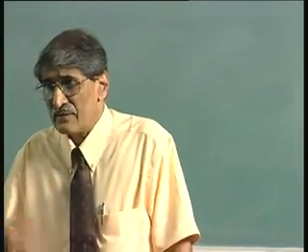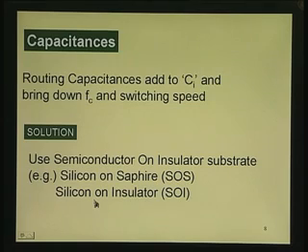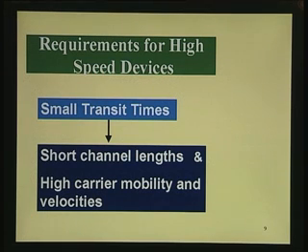Those are the concepts which are important here. So, to reiterate, the requirements for high speed devices: small transit times, I have said it more than once, but put it in black and white, or white and blue: short channel lengths and high carrier mobility and velocity.